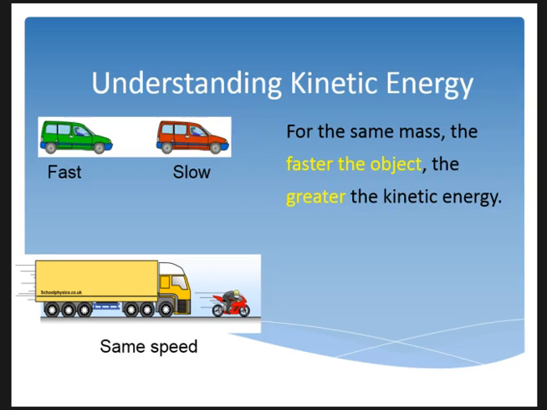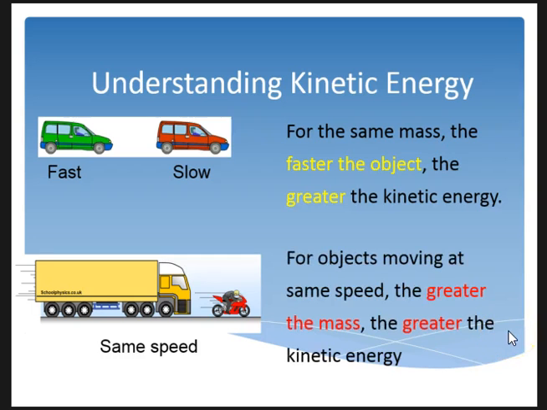So, if both of them were moving at the same speed, which do you think will have more kinetic energy? If you are thinking the truck, then that's correct. So in summary, for objects moving at the same speed, the greater the mass, the greater the kinetic energy.